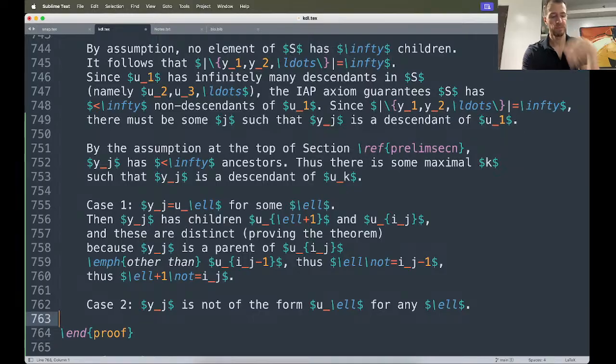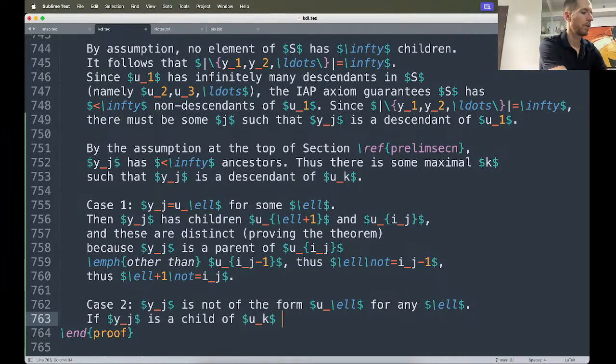Now, if y sub j is a child of u sub k, checking something here.